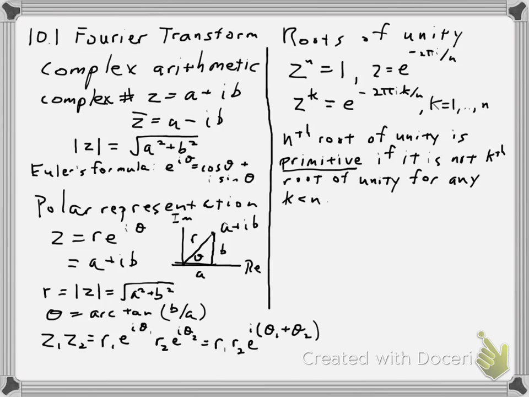As an example of this, consider that z equal to minus 1 is primitive. It is a primitive square root of unity.